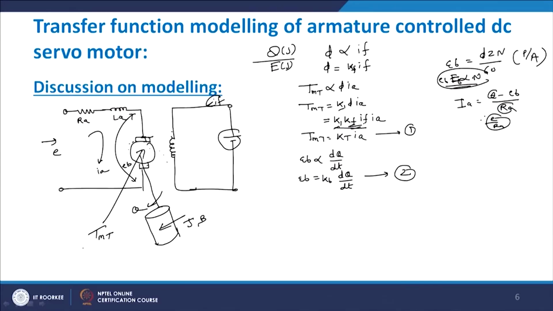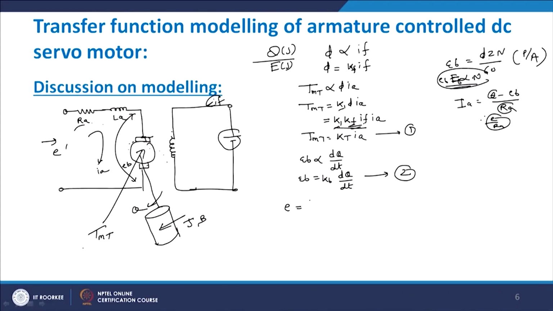Now, what are the other things involved in this motor? That is resistor and inductor. This part we have not covered, so that part also we have to take into the expression of the modeling. Therefore, we apply the conventional Kirchhoff's law to this part.